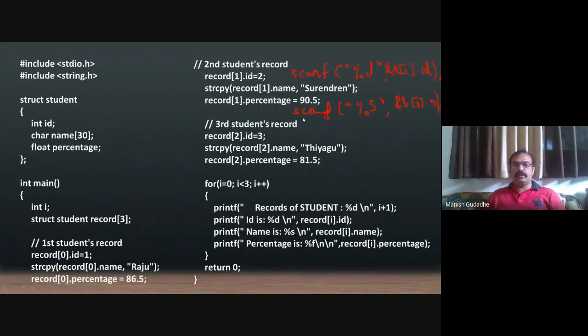So on similar grounds, instead of S there, this has its subscript. So this is your record0.id. Scanf %d, ampersand record0 of id. So this way we can do. Sorry, here the ampersand should not be there. With string, ampersand doesn't go.